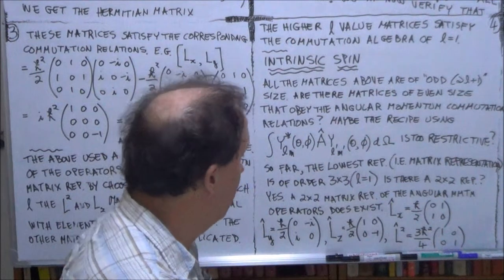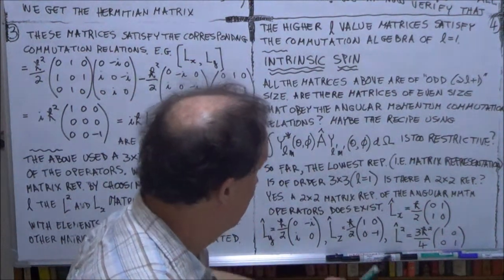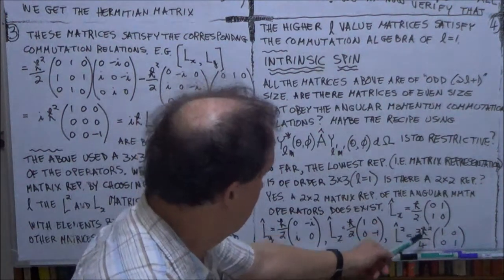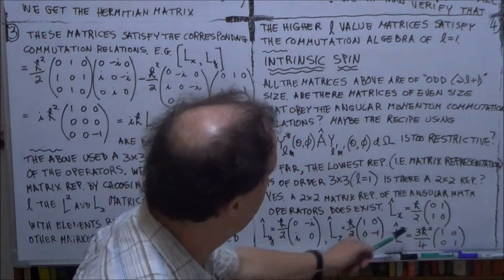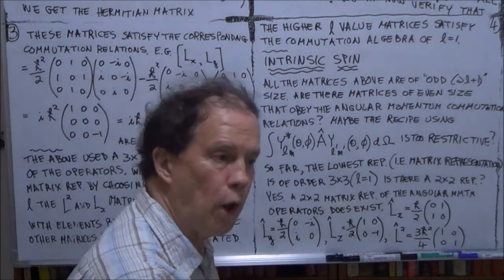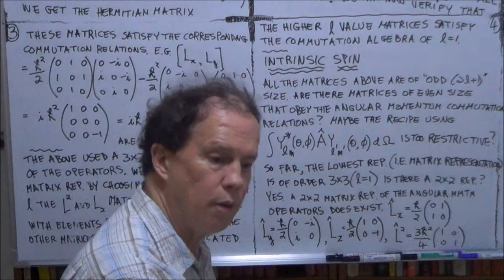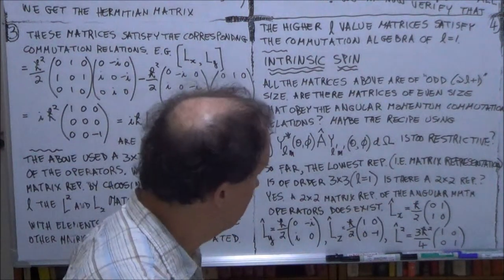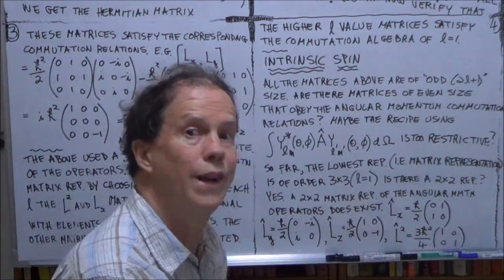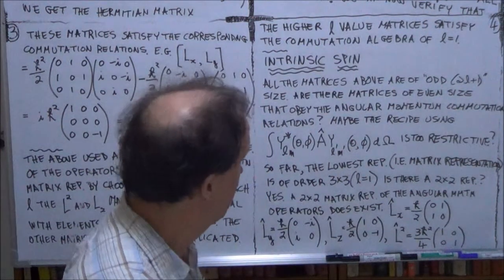So here are 4 matrices that obey the same kind of commutator relations as the operators directly. So it looks as though we've got a 2 by 2 matrix representation of those operators.